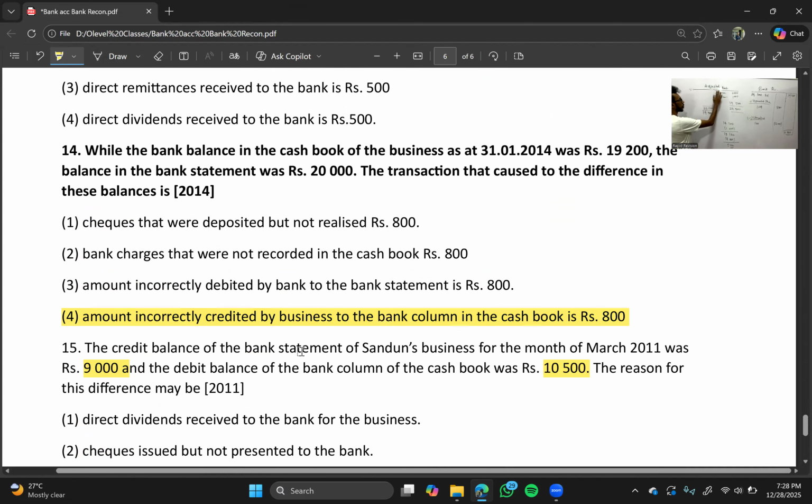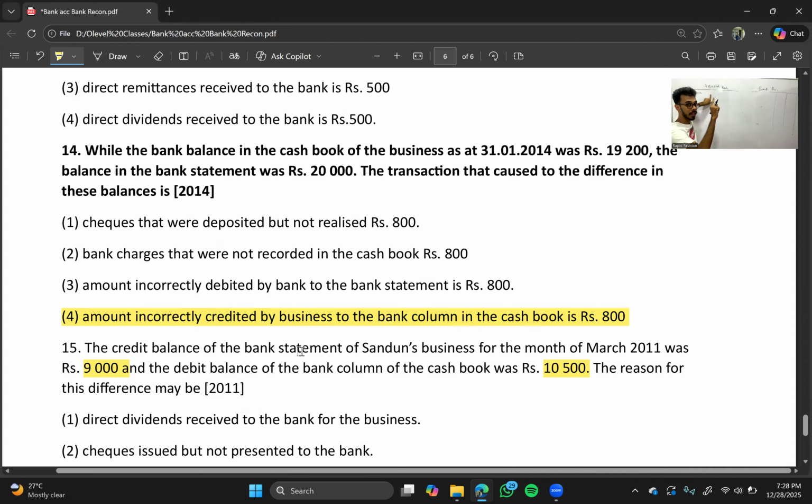In the adjusted bank account, the balance you take here is the balance of the bank account, that is the balance carried down.